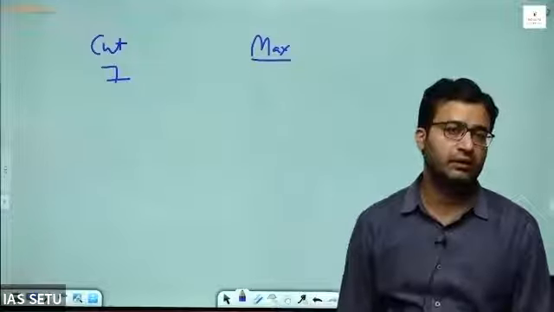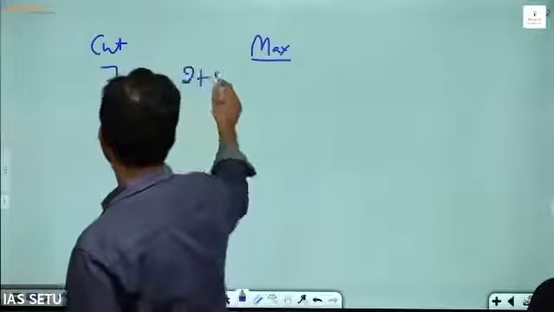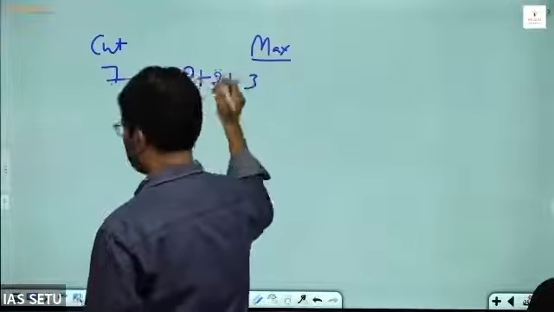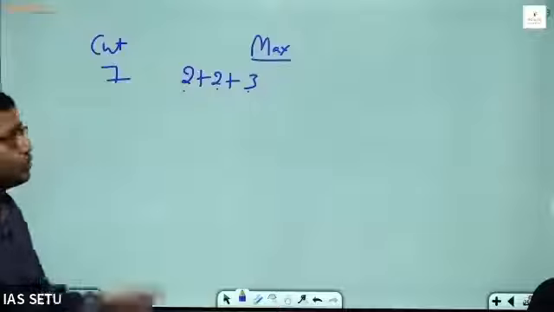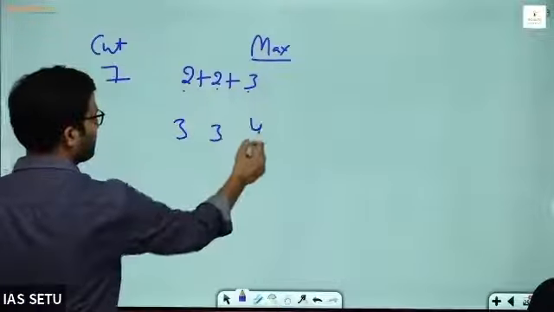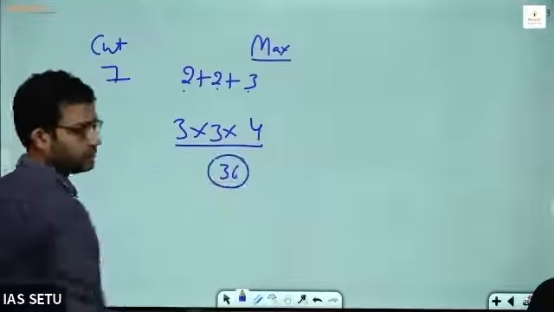Seven cuts, multiple of 3 near to 7 is 6. So it is 2 plus 2 plus 2, but it is 1 extra. So it is 2 cuts, 2 cuts, 3 cuts. 2 cuts give you 3 pieces. 2 cuts give you 3 pieces. 3 cuts give you 4 pieces. 9 into 4, 36 pieces.